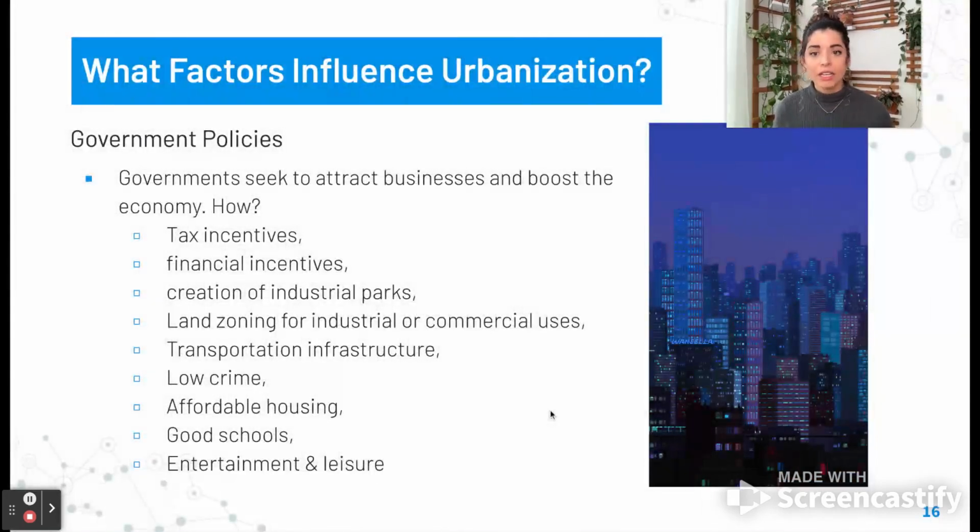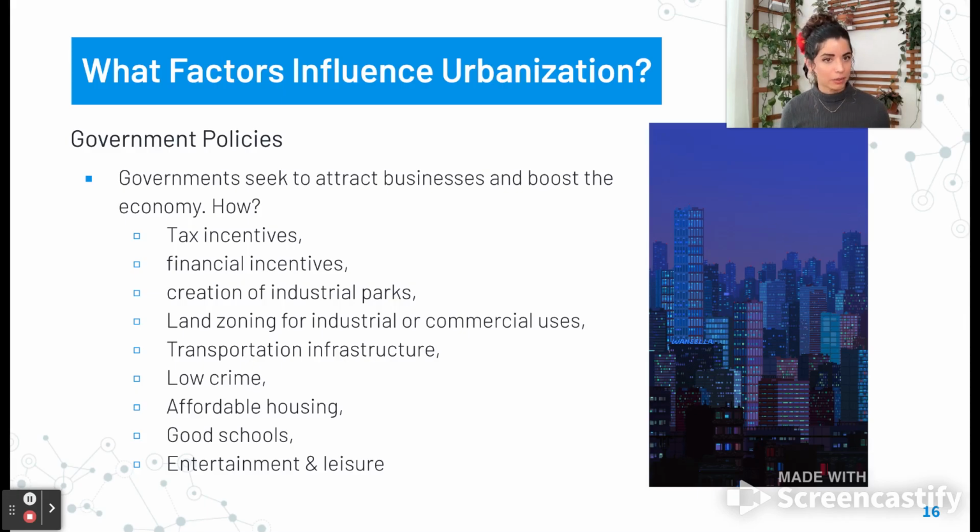Government policies also do what they can to attract businesses and to influence that economy in a positive way through various things such as tax incentives and other types of financial incentives, industrial parks or places where we see more manufacturing and things like that, zoning for commercial or industrial land use.